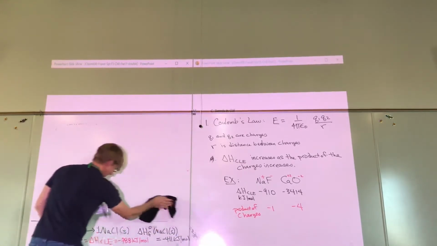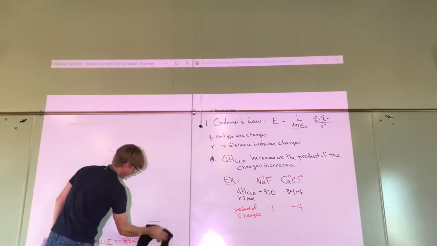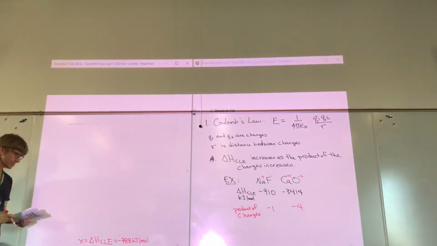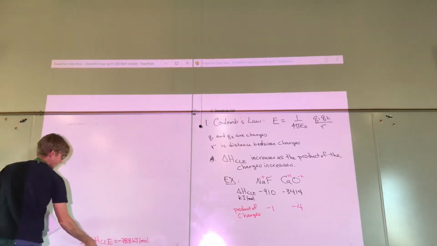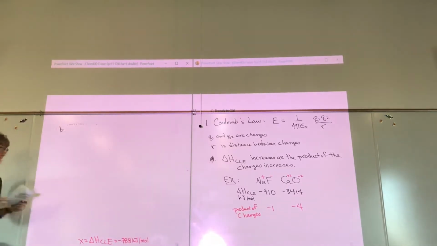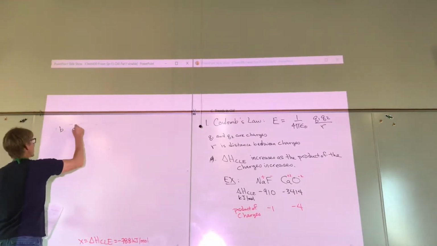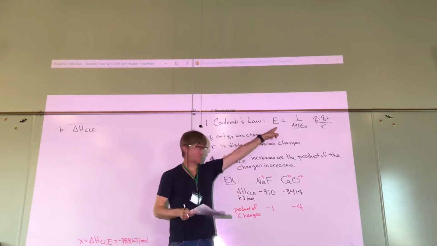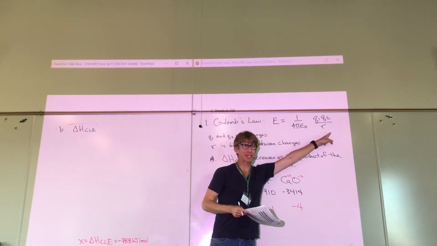And the next trend does deal with size. We'll call this B. For B, crystal lattice energy, delta H CLE, increases as the size of the ions decreases, because size is in the denominator.